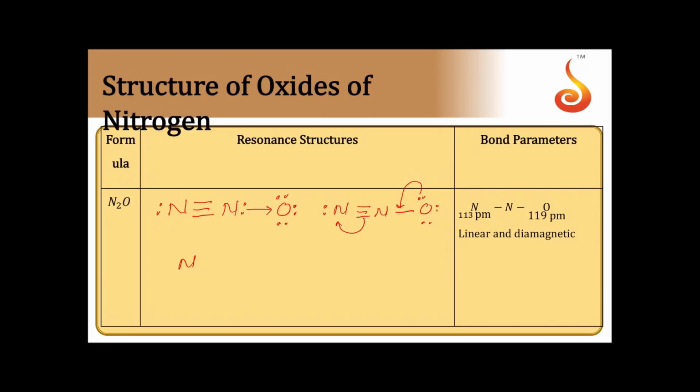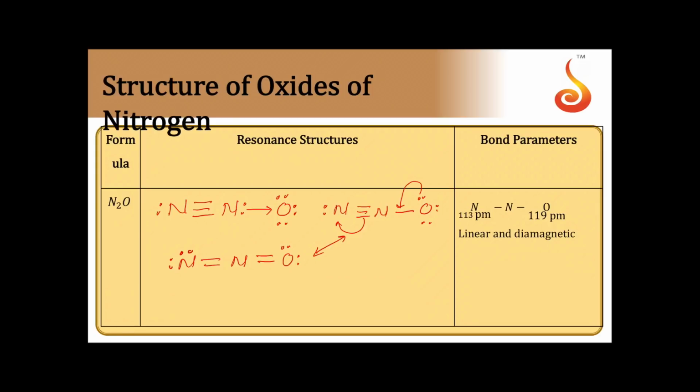Means we get a double bond between nitrogen and nitrogen, and another double bond towards the oxygen atom. Now oxygen is left with only 2 pairs of electrons, and nitrogen has one extra lone pair. These two are the resonating structures of nitrous oxide.